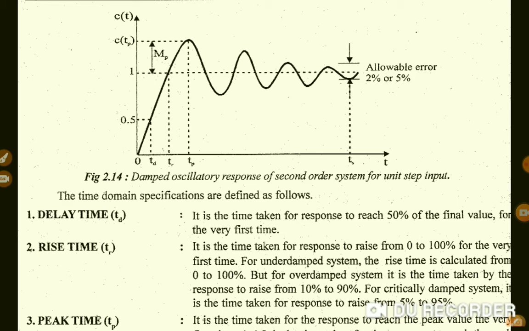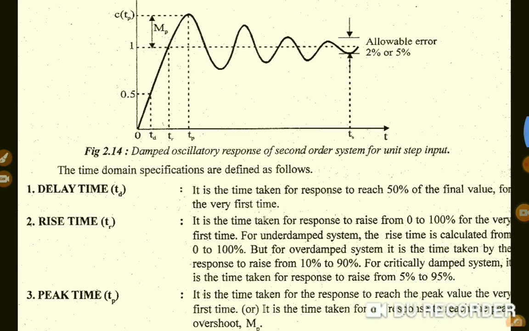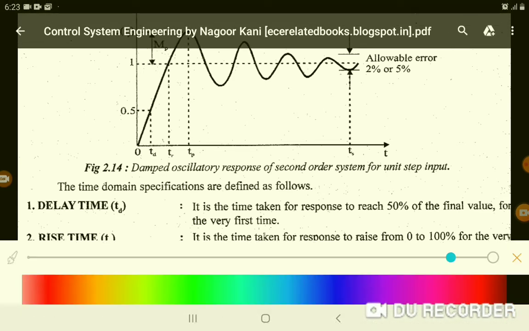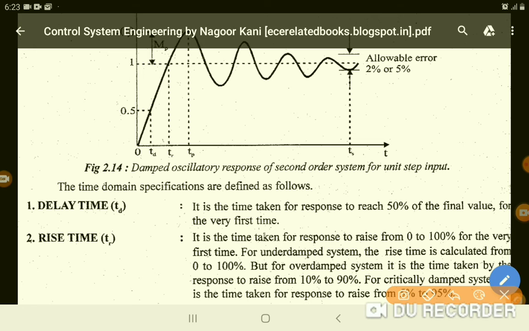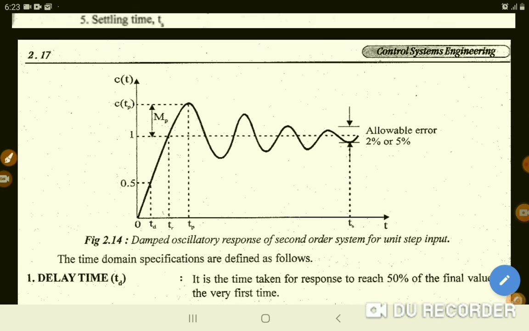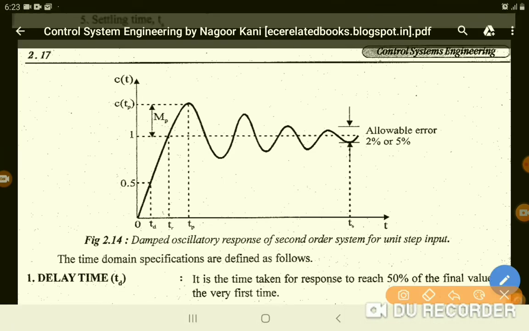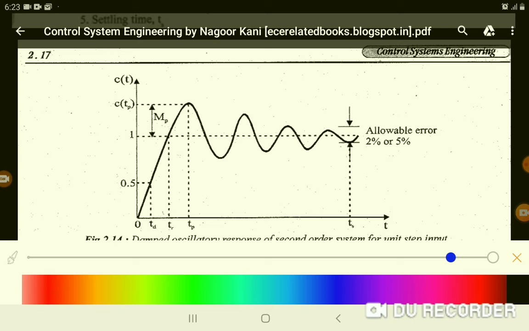Now observe the diagram. Time T is on the x-axis and C of t, the controlled output, is on the y-axis, with a reference 0.